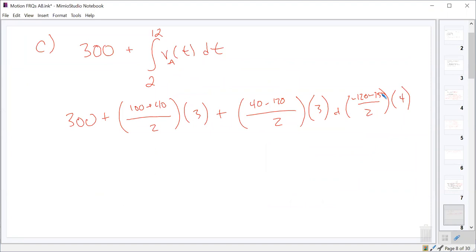Let me do some arithmetic and get an answer. What did you get for your answer? Negative 150. Anybody else agree with that? Did anybody else do the problem? All right, let's see. What do we got?